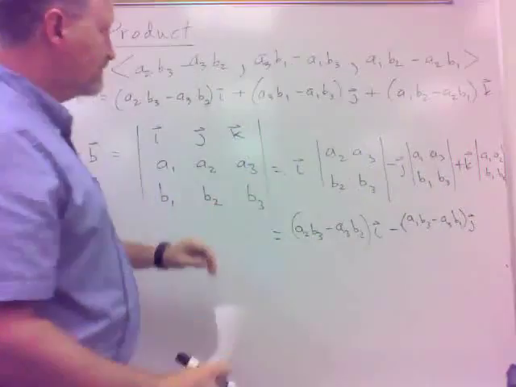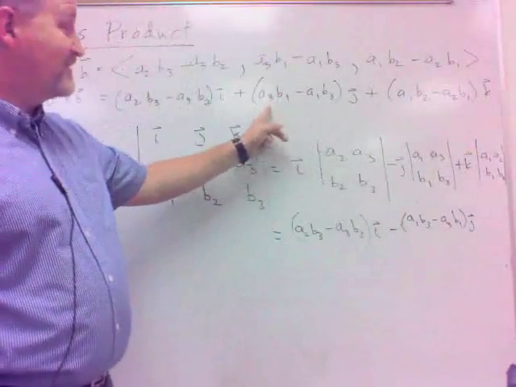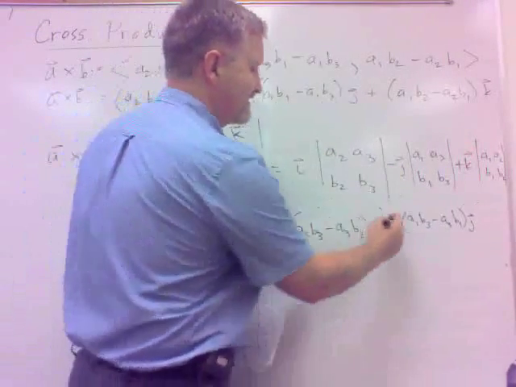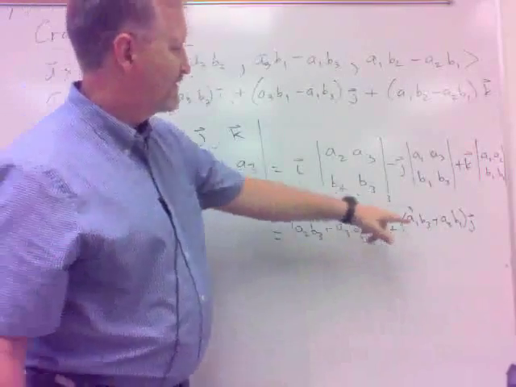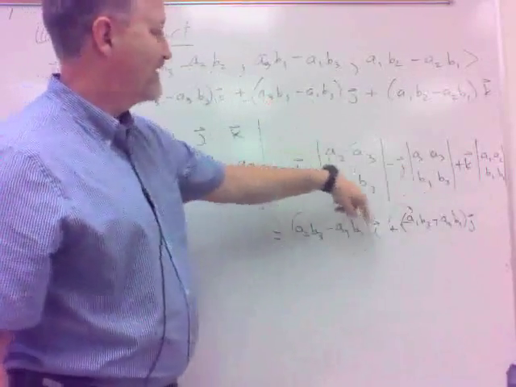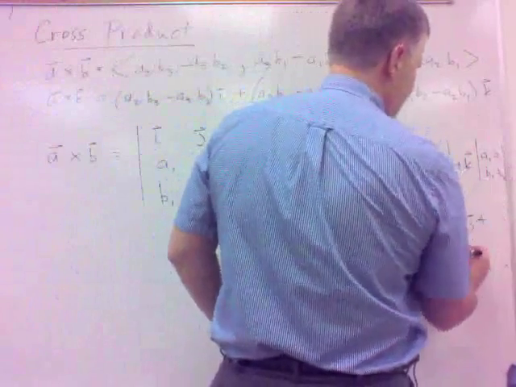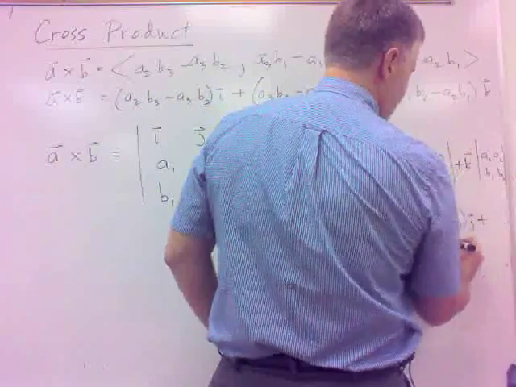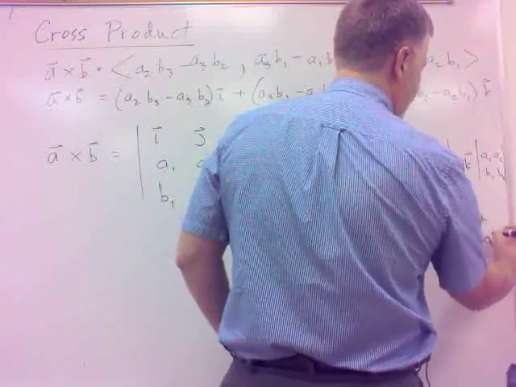Now, that is a little different, but it's the same because if we distribute the minus, that'll be a minus and that'll be a plus. So we've got A3B1 minus A1B3. And then the K works the same way. You have A1B2 minus A2B1 times the K.